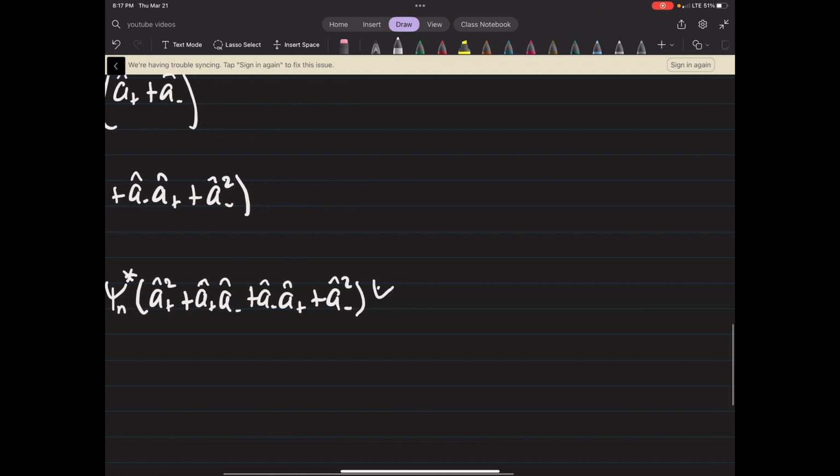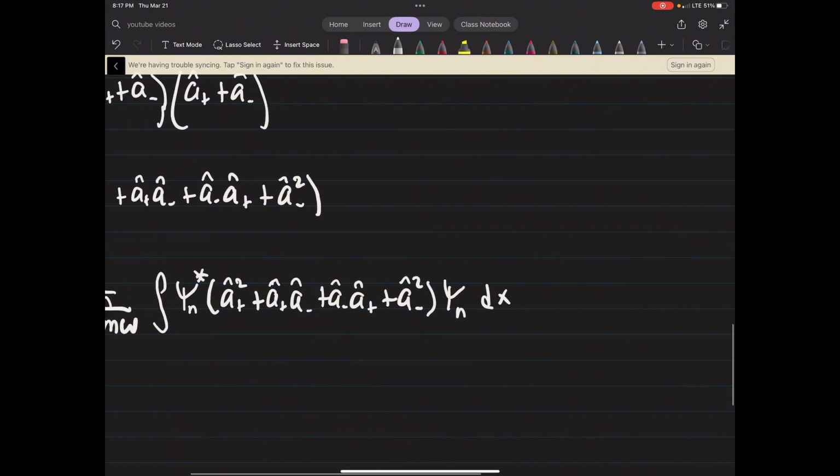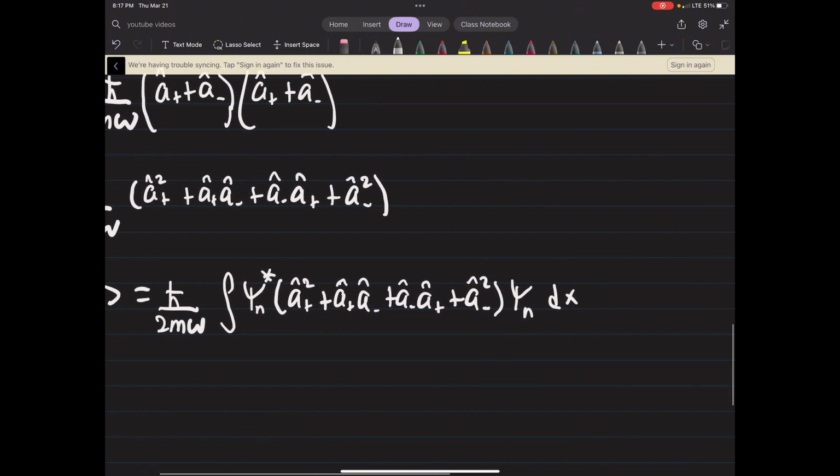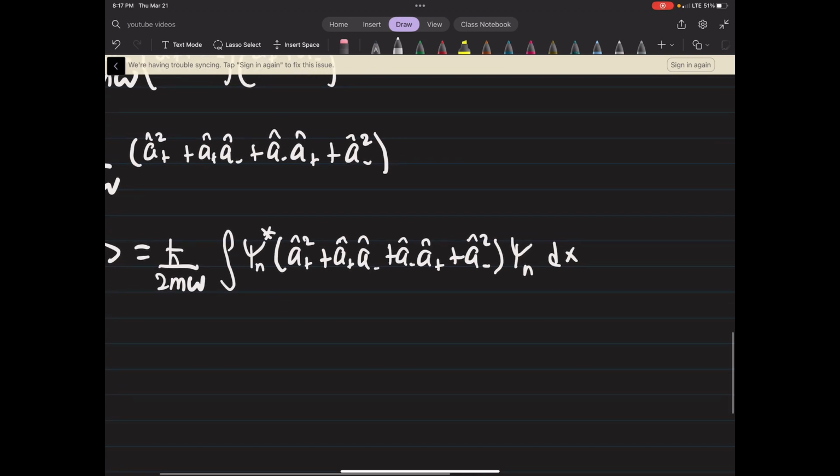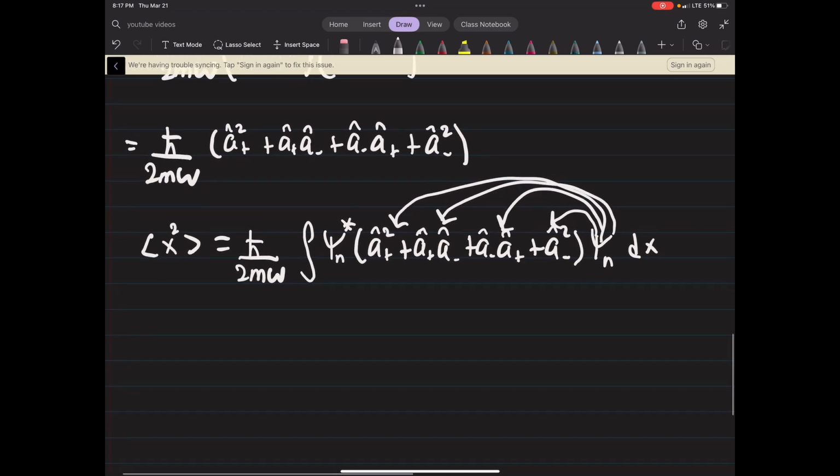And thankfully, a lot of these integrals, thanks to orthogonality, are not actually super complicated. So, we have all that. Now what we're going to do is obviously distribute this psi and have everything act on it accordingly.